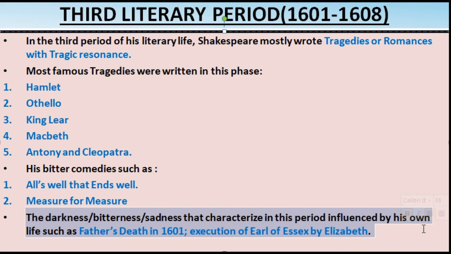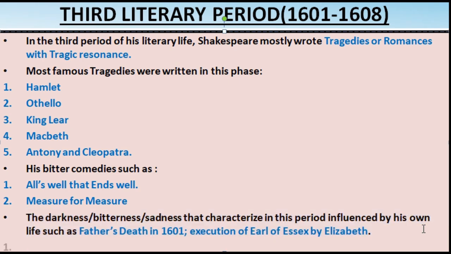So in his personal life, he was not very stable, he was not sound, and that has been reflected in his plays, right? So we can call the third literary period of Shakespeare regarded as very gloomy and bitter, and also had the elements of sadness because of his own disturbed personal life, right?